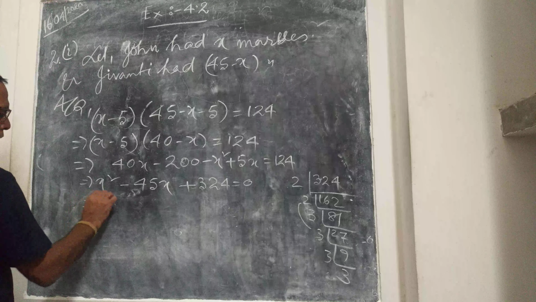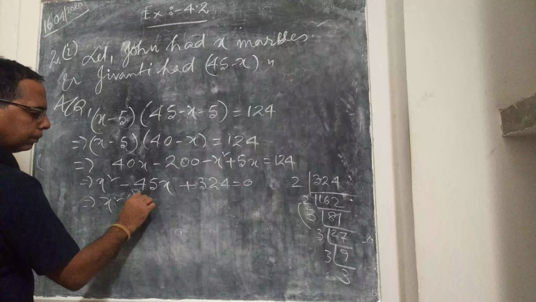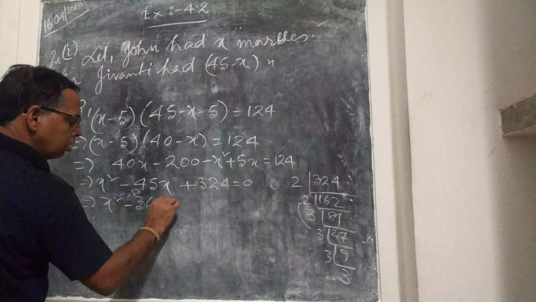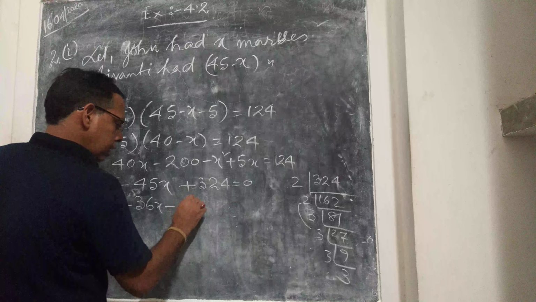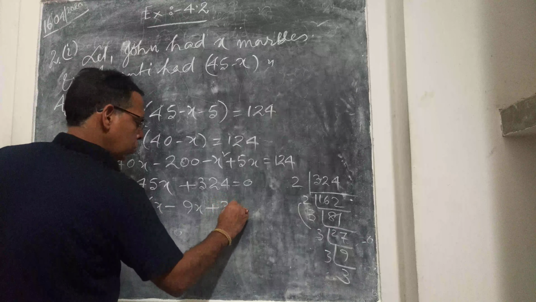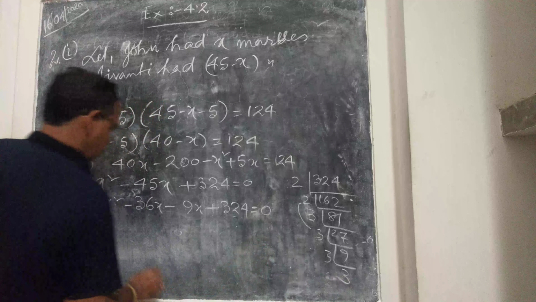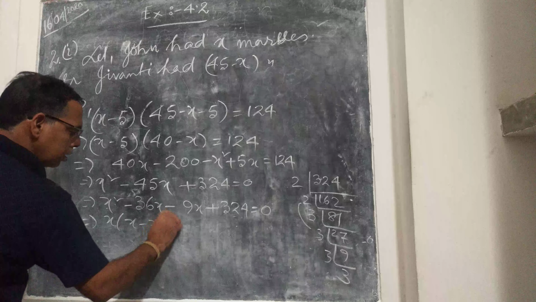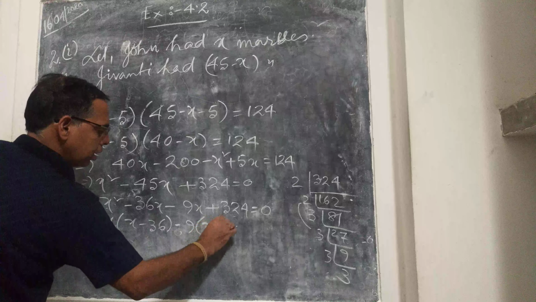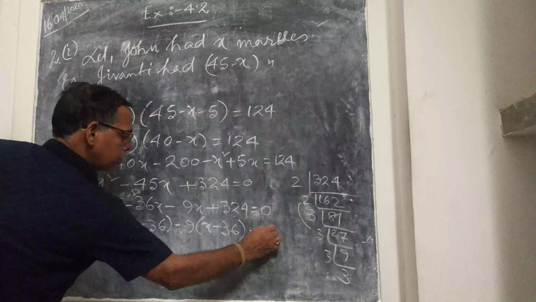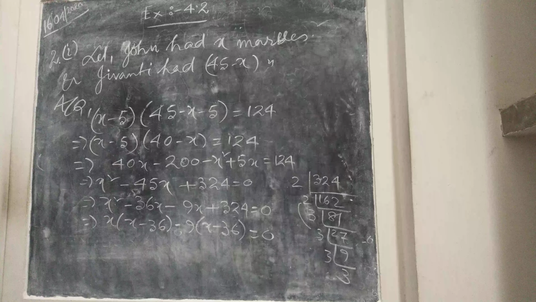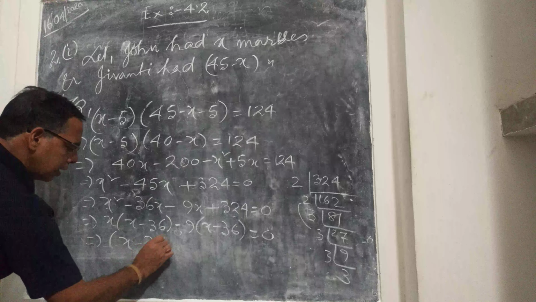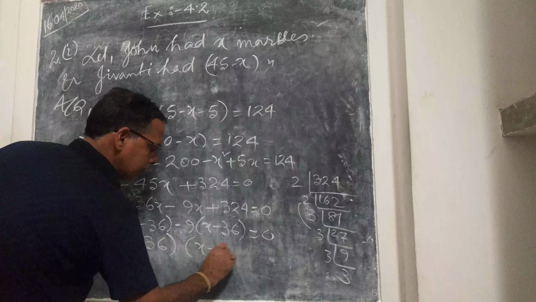So X square minus 36X minus 9X plus 324 equal to 0 implies X minus 36 into X minus 9 equal to 0. Then X minus 36 and X minus 9.